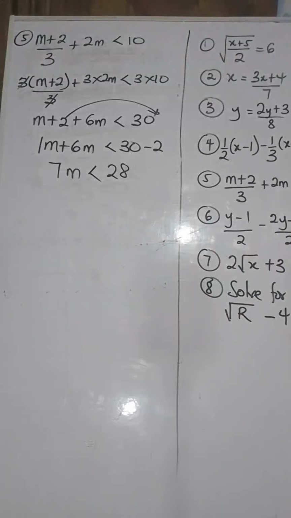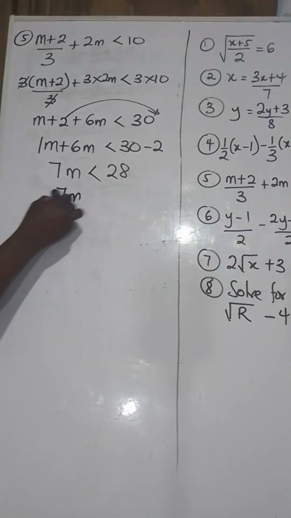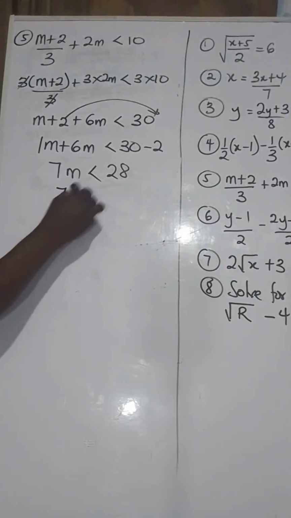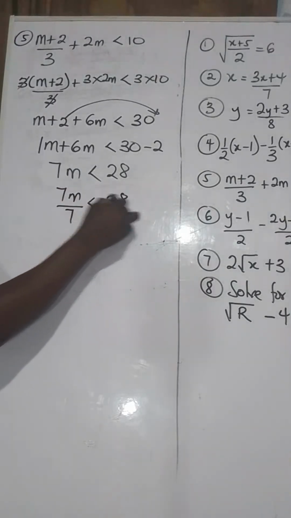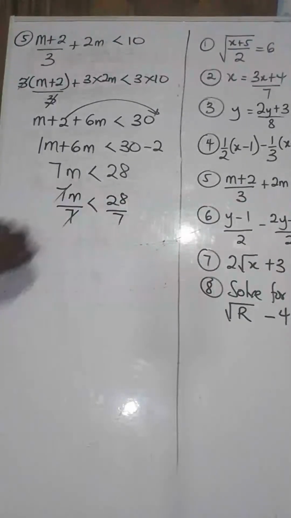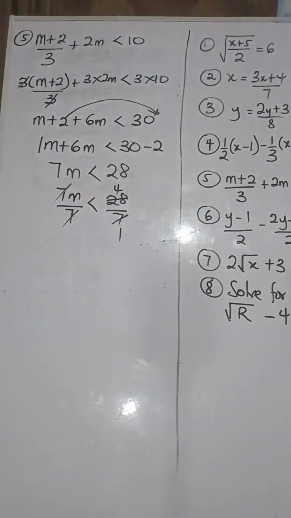Right. So once you look at it, you divide both sides by the coefficient of m. So 7m on 7 less than 28 on 7. So this cancels this. 7 here, 1 here, 4.